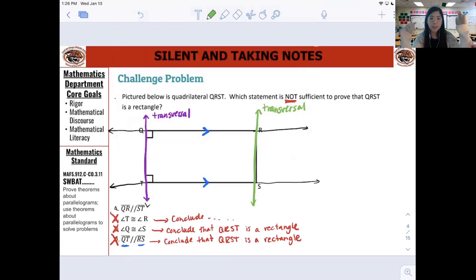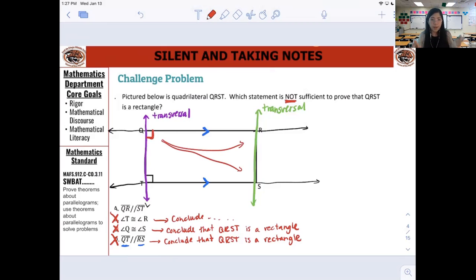So this is kind of backwards to the one we did first. So now my two parallel lines are the top and the bottom, and the two other lines are my transversals. But here's the issue. Can you compare one transversal with another transversal? For example, if this is 90 degrees, does that tell me anything about the other transversal's angles? Tyrone says no, and Tyrone is correct.